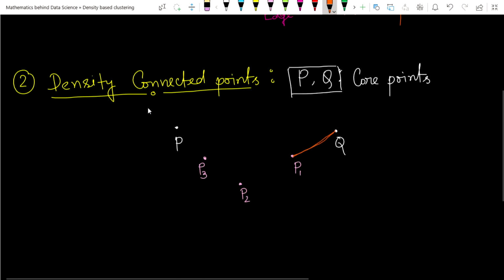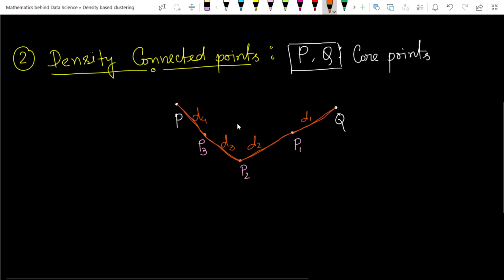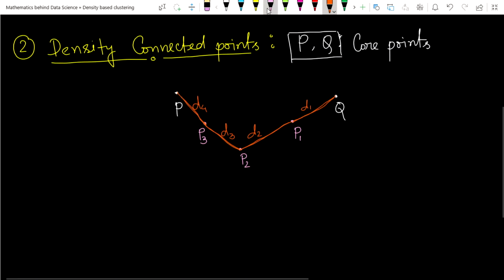Let this distance be D1, this one D2, this one D3, and this one D4. If each edge distance is less than epsilon, meaning our radius, then the edge distance is less than the epsilon value.